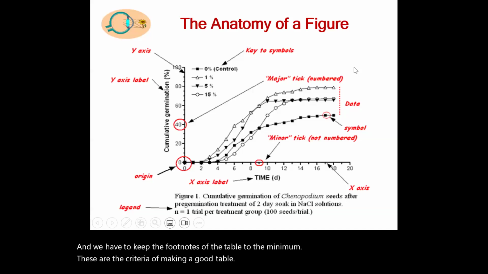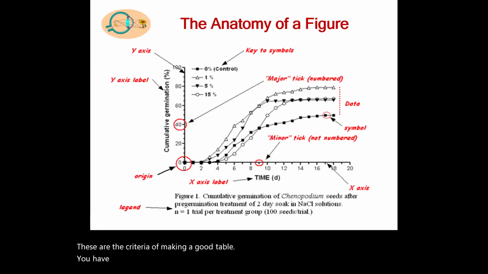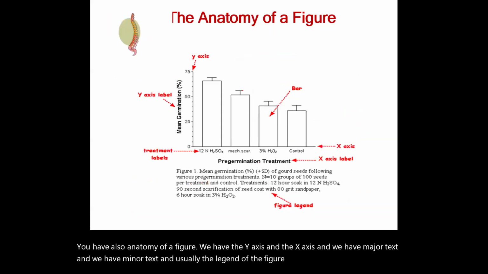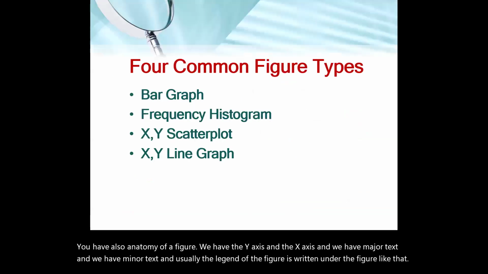We also have the anatomy of a figure. We have the y-axis and the x-axis, and we have major text and minor text, and usually the legend of the figure is written under the figure, like that. The legend is written under the figure.